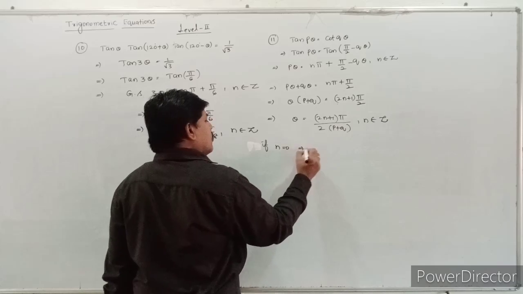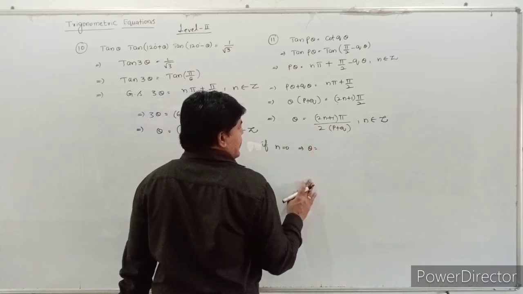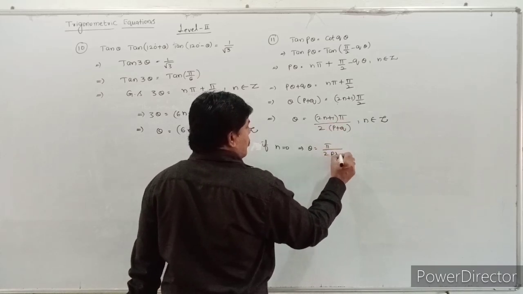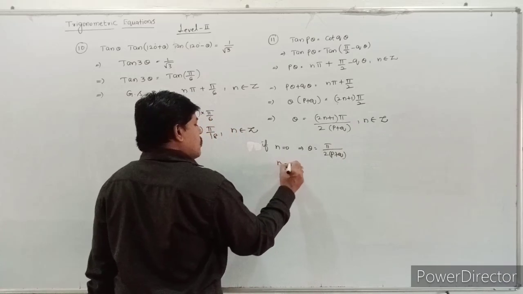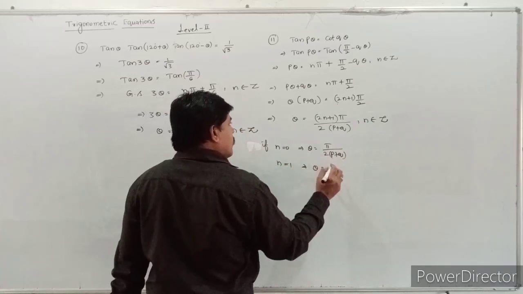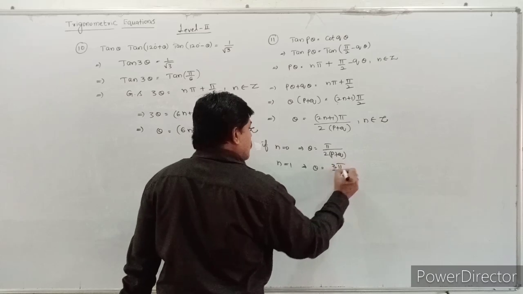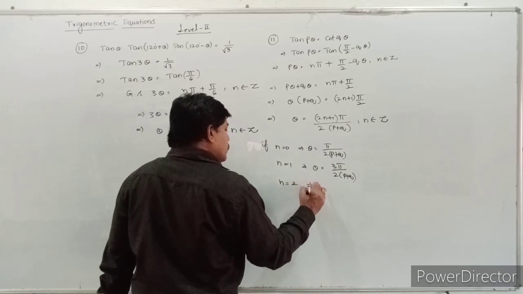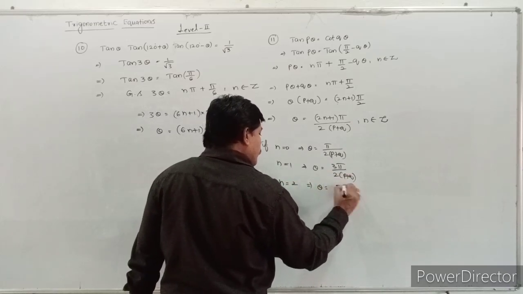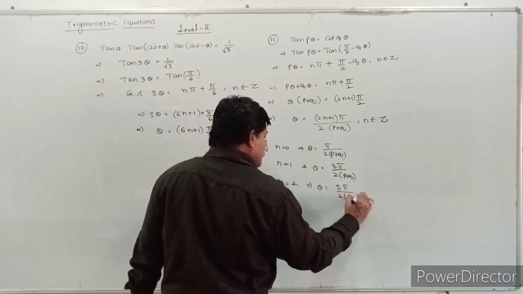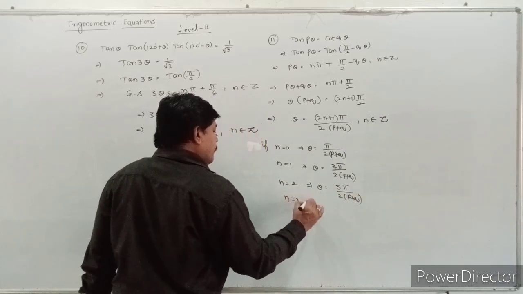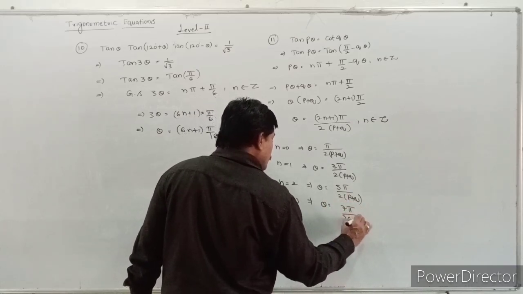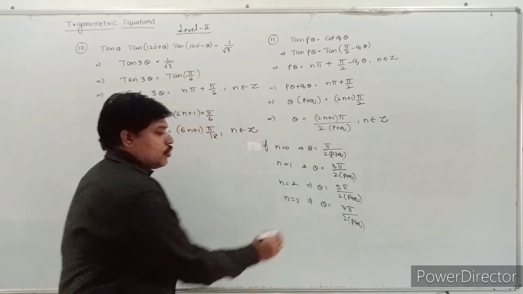If n is equal to 0, then theta is equal to pi by 2 into (p plus q). If n is equal to 1, theta is equal to 3 pi by 2 into (p plus q). If n is equal to 2, then theta is equal to 5 pi by 2 into (p plus q). If n is equal to 3, theta is equal to 7 pi by 2 into (p plus q), and so on.